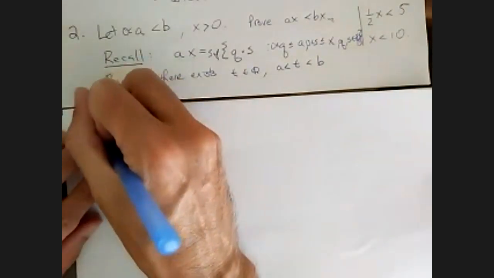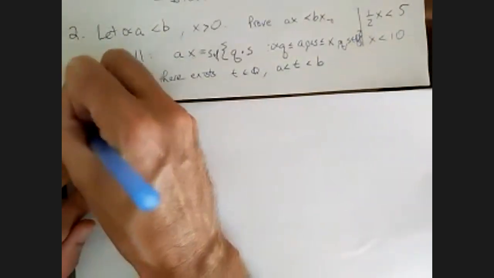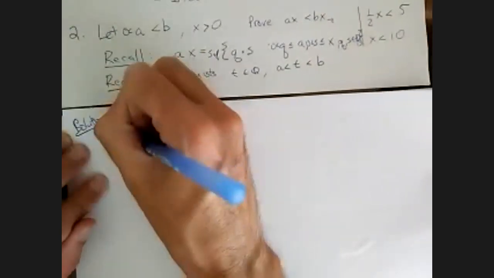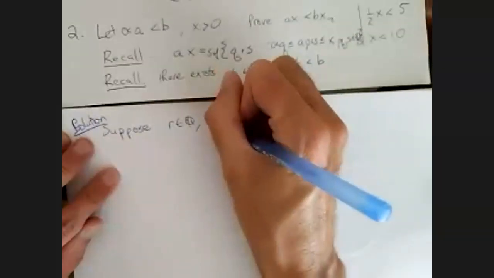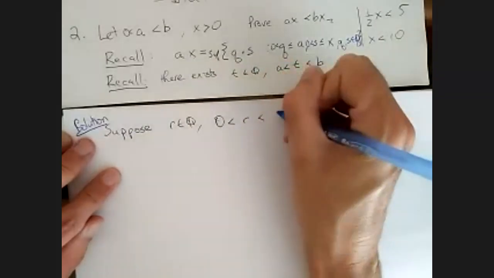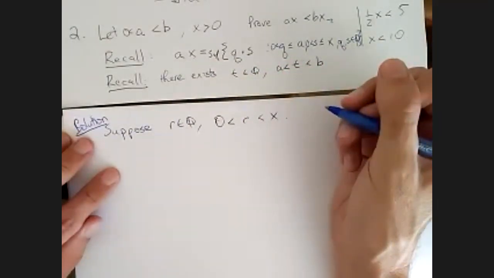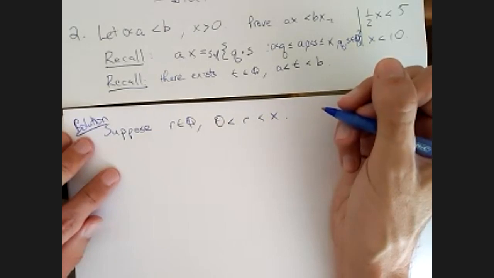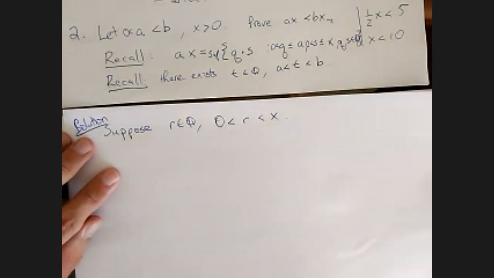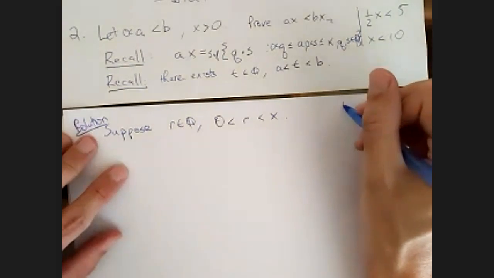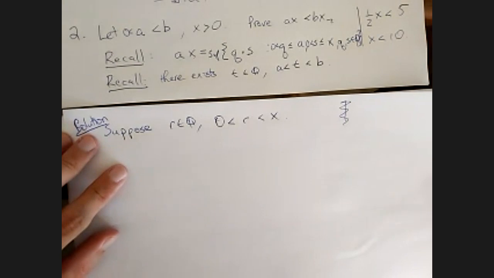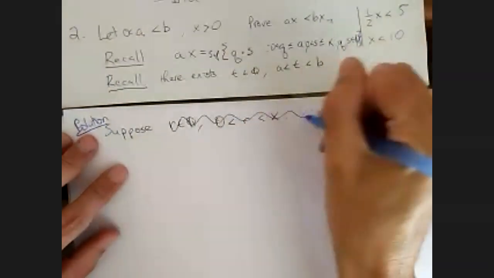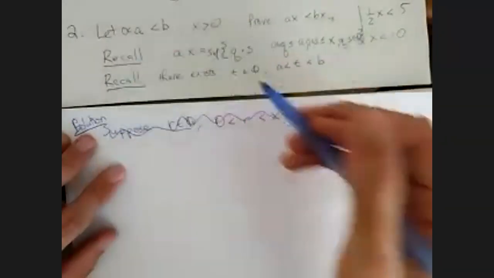Okay, so proof, or a solution, I guess. Suppose R is a rational number and 0 is less than R is less than X. Sorry, first let's just write down what AX and BX are.